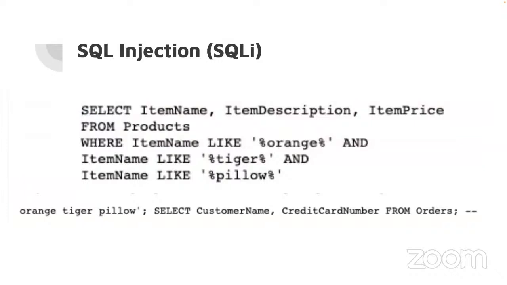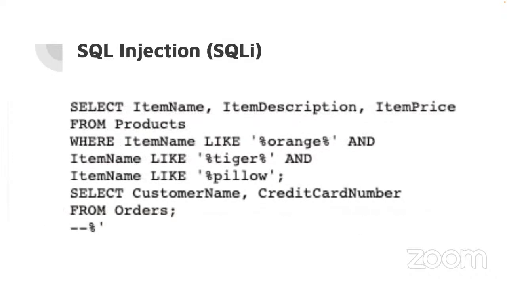A SQLI attack may send unusual looking requests, like these three. The little apostrophe up here, a double dash. If the web server passes this request along to the database server, it would look something like this.